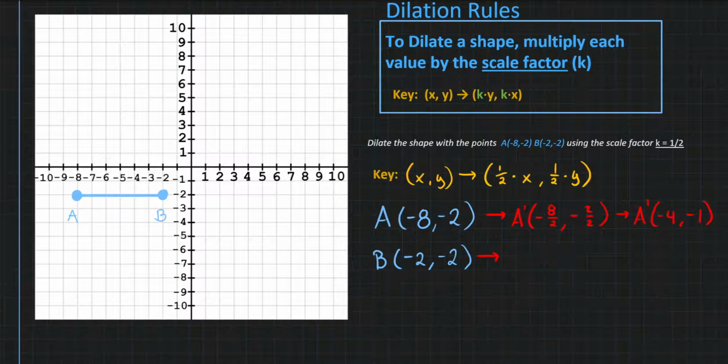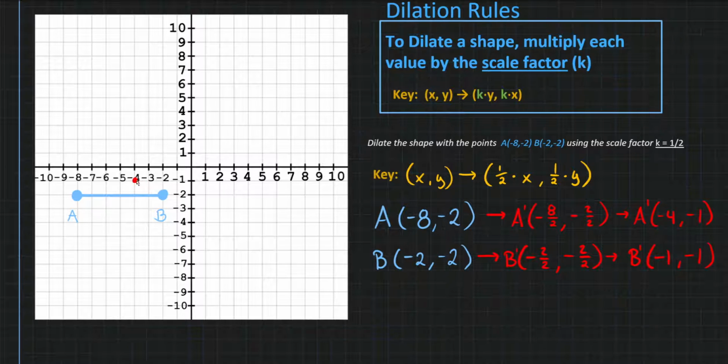Excellent. How about B prime? B prime is going to look very much the same in that it'll be negative 2 over 2 and negative 2 over 2. So in other words, B prime simplified is just negative 1, negative 1. There you go. Now let's graph it.